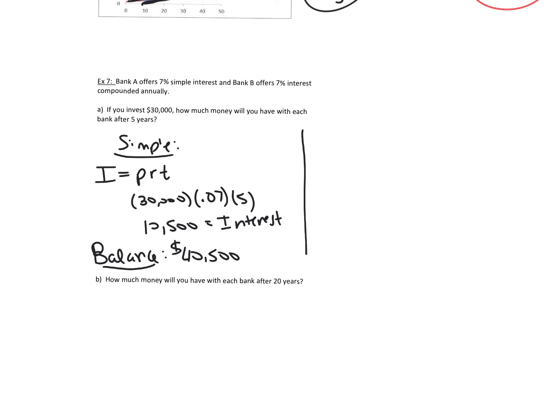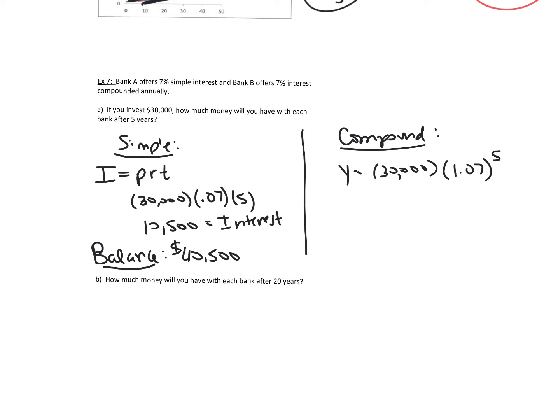Okay, for compound interest, I invest 30,000, that's my A value, and so it's growing exponentially. So I'm getting 7% added each year onto the 100%, so that's 1.07 for my B value, and that's going to be to the 5th power. And so by doing this formula, you're essentially figuring out, if I did 7% on the first year, and then 7% on that new amount, and then 7% on that new amount, this is a shortcut for doing this several times, right?